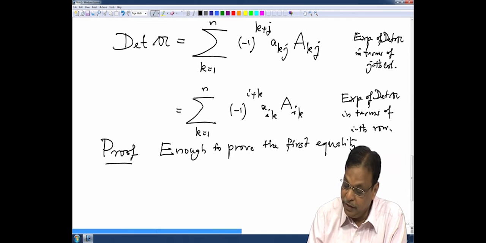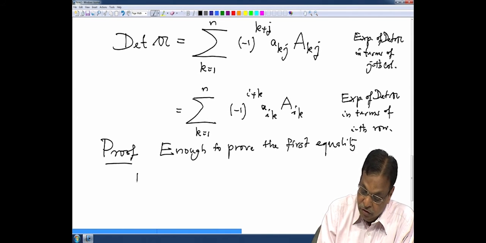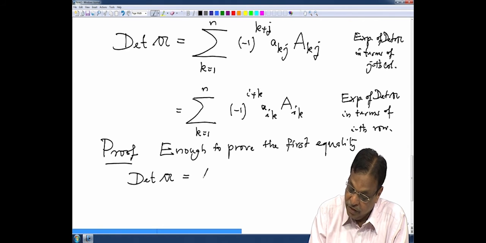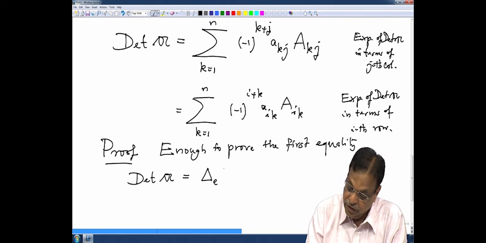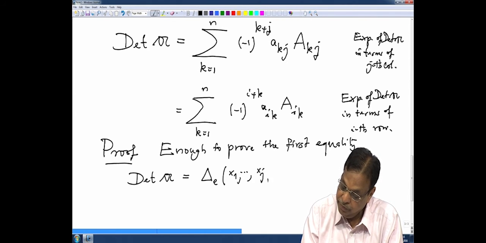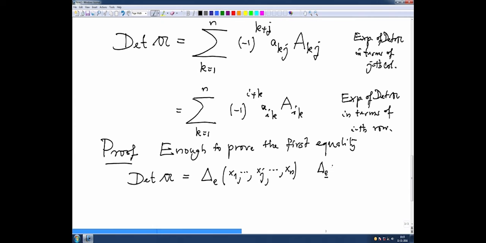Now, what is the determinant? I will use the alternating multilinear form. So, determinant A is by definition delta E evaluated at the columns x1, x2, and jth column is somewhere here, xj, xn, where delta E is the standard alternating multilinear form.